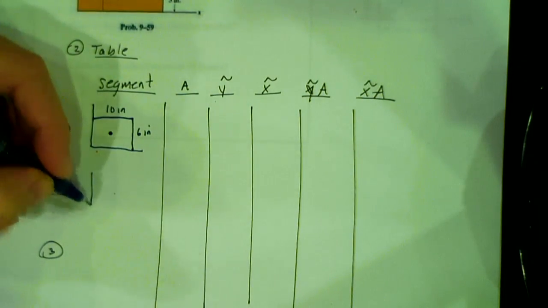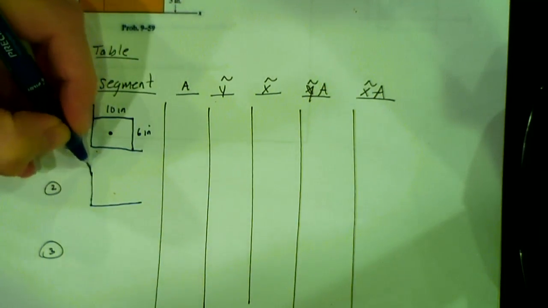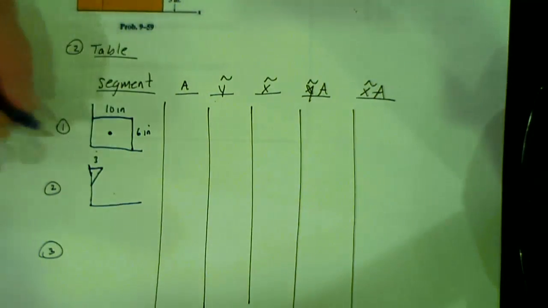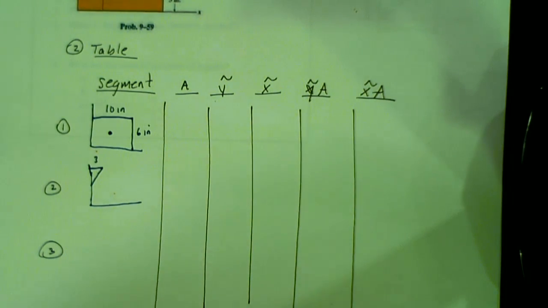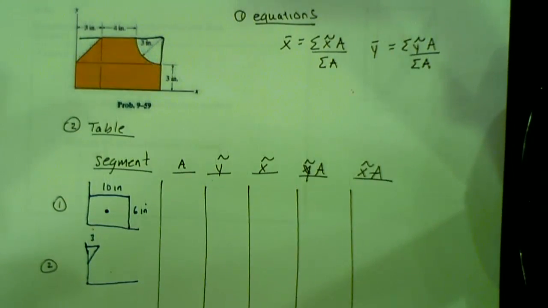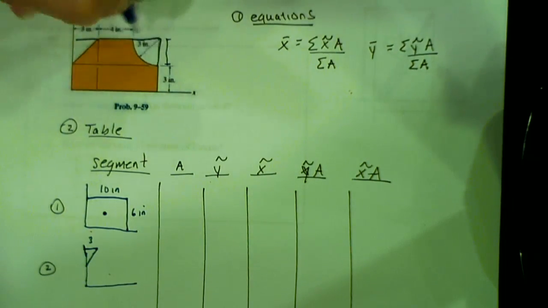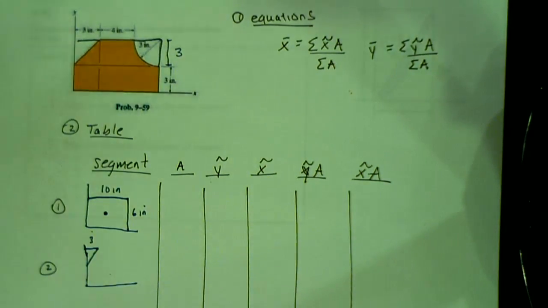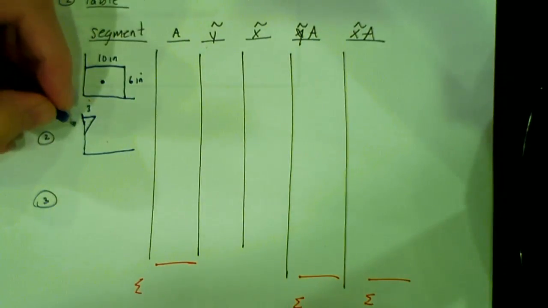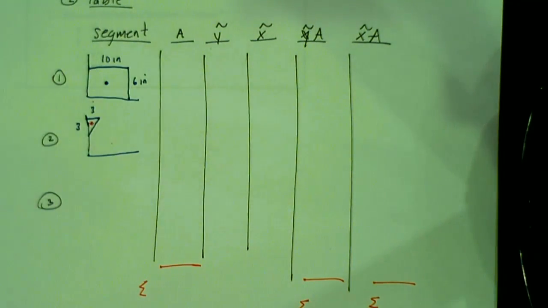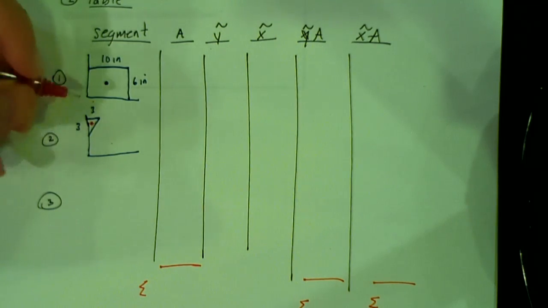Then for figure 2, I'm going to make that my triangle. That's 3, and the height. So what is the height of that triangle? 3. It's 3, right? The height of this is equal to the radius of that circle, which is 3. I should have made that a little bigger, but the centroid for it will be right there; we'll get to that in a second.